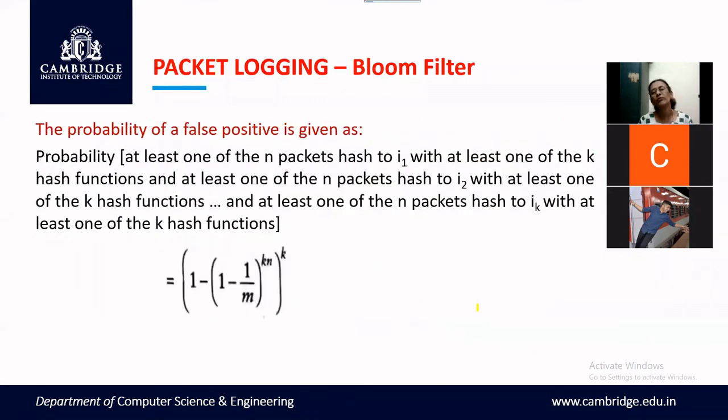Now the probability of a false positive is the probability that at least one of the n packets hashes to I1 with at least one of the k hash functions, then at least one of the n packets hashes to I2, then at least one hashes to Ik. So that would be this whole thing to the power of k. That is (1 minus (1 minus 1 by m) to the power of kn) whole to the power of k. So this is the probability of a false positive.